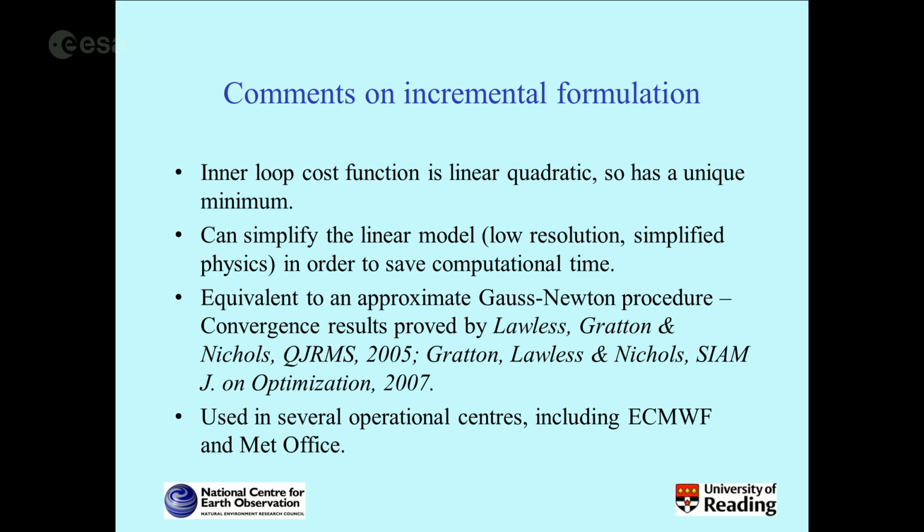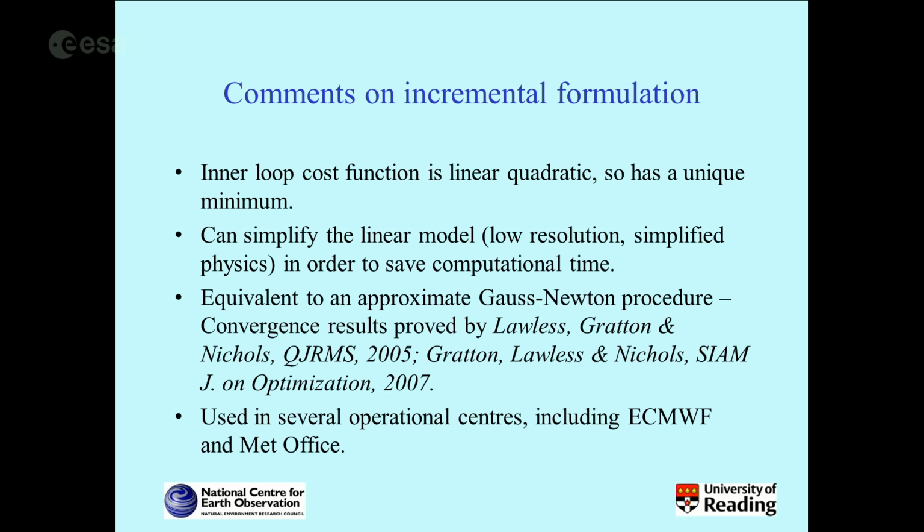The advantage is that the inner loop cost function is now linear quadratic, because we've linearized, so it has a unique minimum. We can simplify the linear model using a lower resolution or simplified physics to save computational time, and this is what is done in practice.